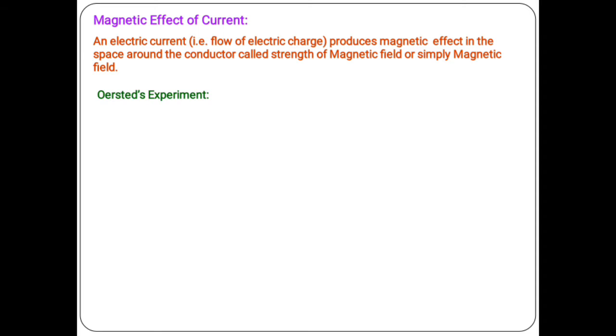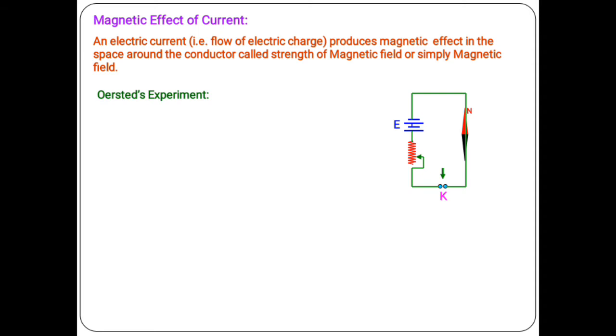This was proved by Oersted in his experiment, simply taking a current carrying wire connected with a battery, and under the wire a magnetic needle is placed. It shows the south to north direction. Current is passed through in the south to north direction.